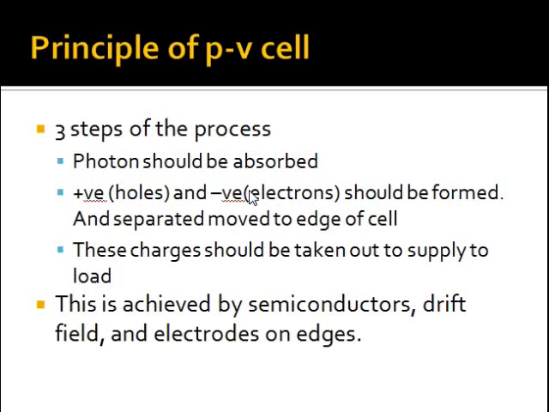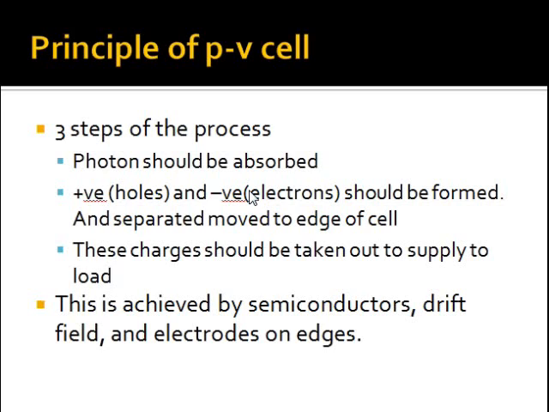Second, the holes or positive charges and the electrons or negative charges should be formed, separated and made to move towards the edge. Then these charges should be taken out so that they supply the electric current to the external circuit. The three steps: one is absorb, then create charges, the third is take it out and supply to the grid. So these three steps can be discussed in depth in the next slide.